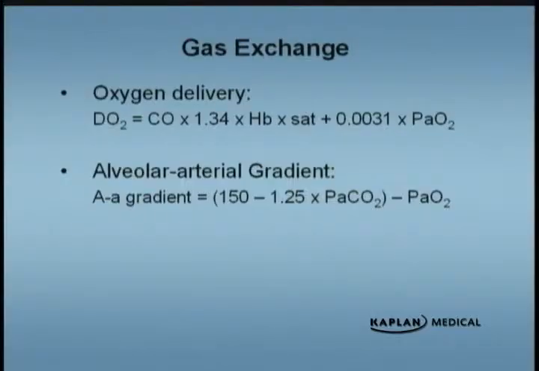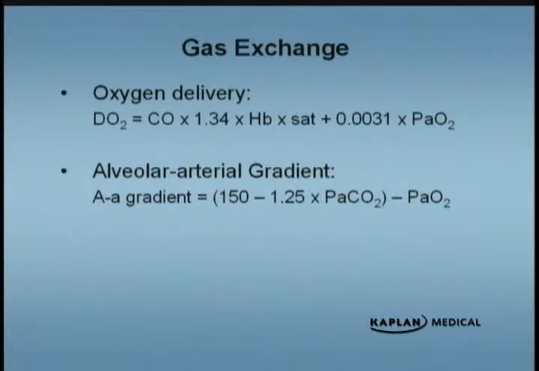The second formula is the alveolar arterial gradient. Now that's a little bit more important formula in terms of clinical use, because we do this every day. We get an ABG, and on that ABG we calculate the alveolar arterial gradient in order to say, listen, this patient is hypoxemic, but what is really going on?